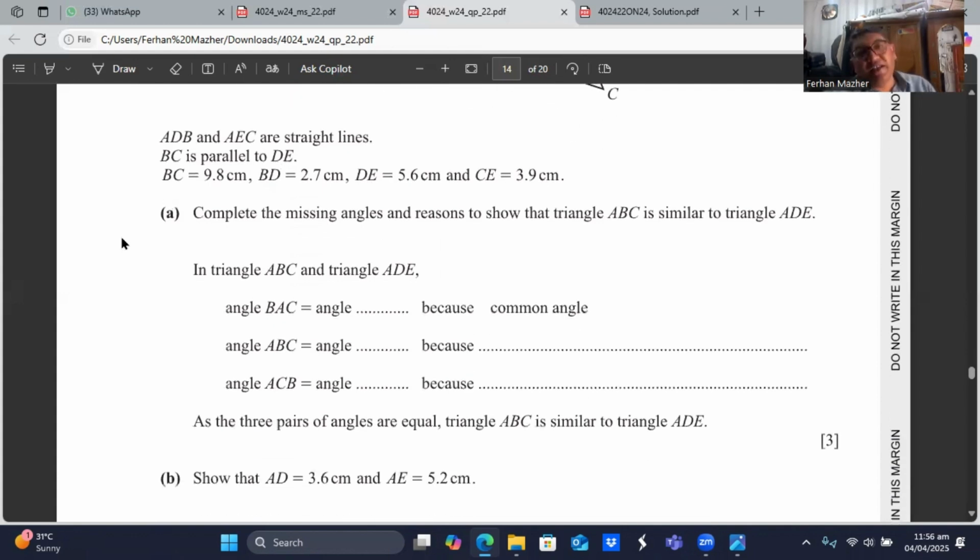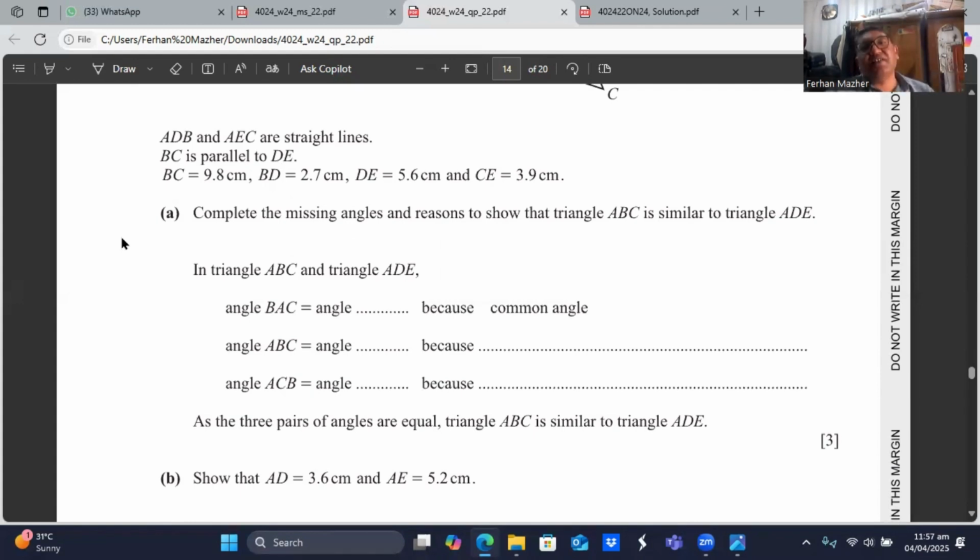So let me see what the question is asking. He says ADB and AEC are straight lines. BC is parallel to DE. BC is 9.8 centimeter. BD is 2.7 centimeter. DE is 5.6 centimeter. And CE is 3.9 centimeter.